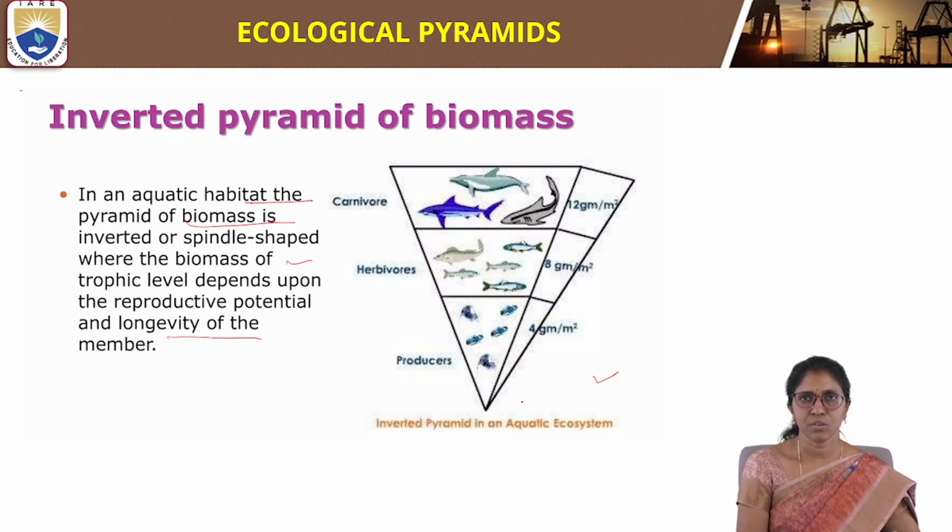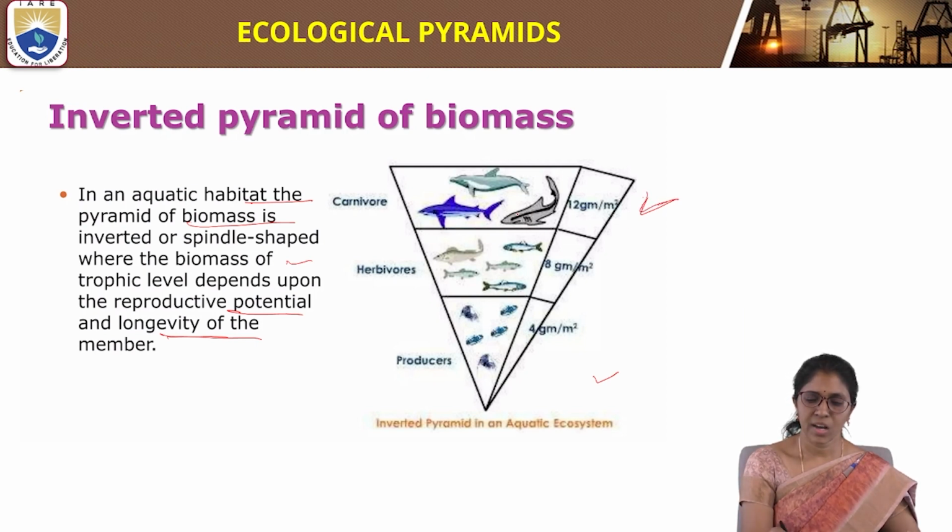So in this aquatic ecosystem, the biomass of a trophic level depends upon the productivity, reproductive potential and longevity of the members. Carnivores have more reproductive potential and longevity of members. That's why they occupy the top position.